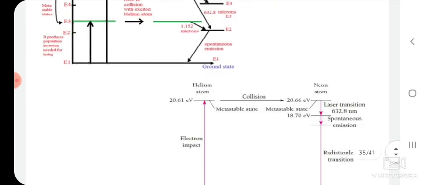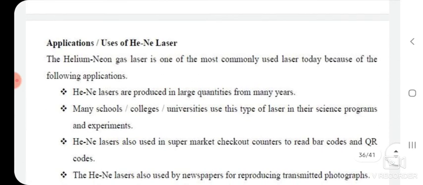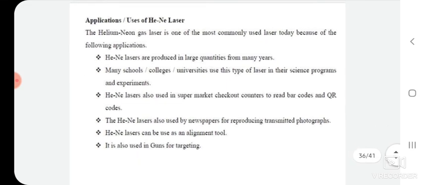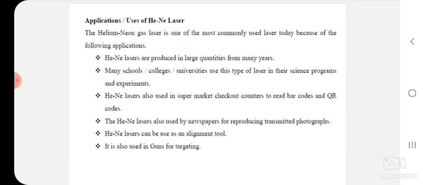Next is the application of He-Ne laser. It is the most commonly used laser. He-Ne lasers have been produced in large quantities for many years. Many schools, colleges, and universities use this type of laser in their science programs and experiments.